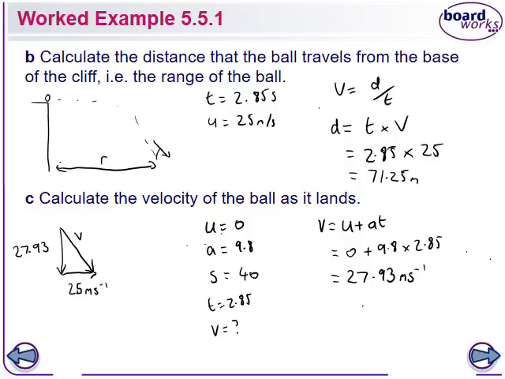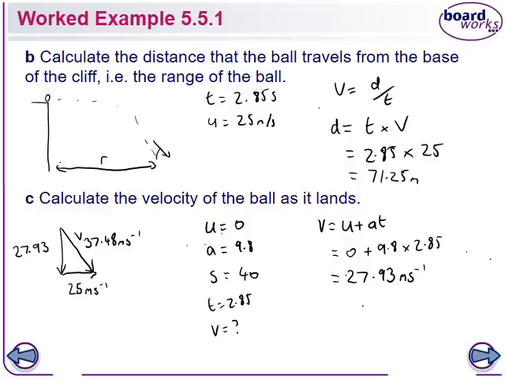Yeah, absolutely. Pythag. 27.93 squared plus 25 squared. Square root of that. So I get 37.48 meters per second.